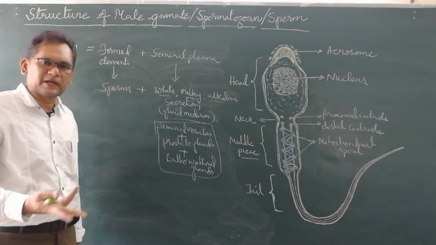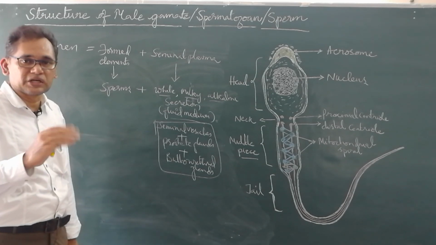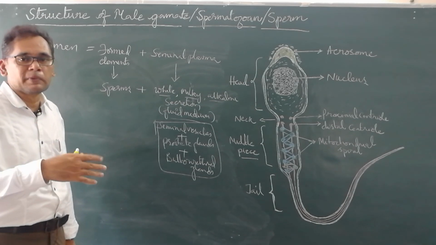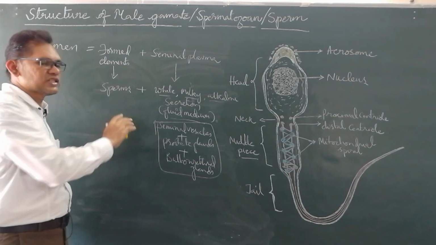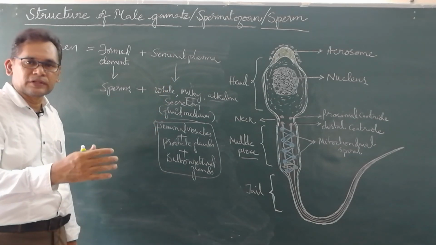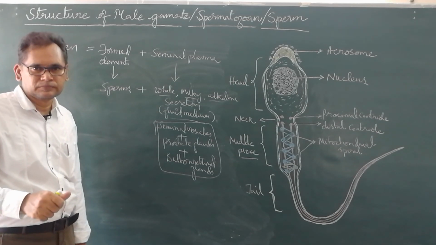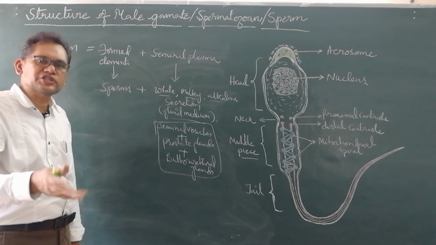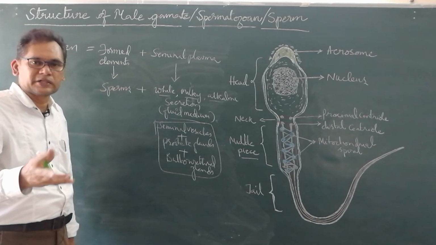If this seminal plasma is not there, the sperms do not have nutrients as well as movement. It means the seminal plasma provides sperms a medium for free movement and also provides nourishment, nutrients, and avoids desiccation, that is, the death of the sperm due to dryness.